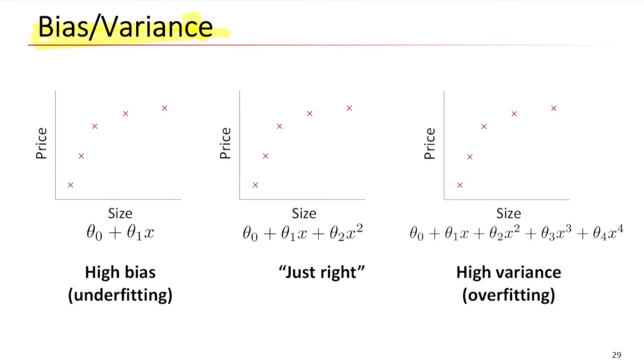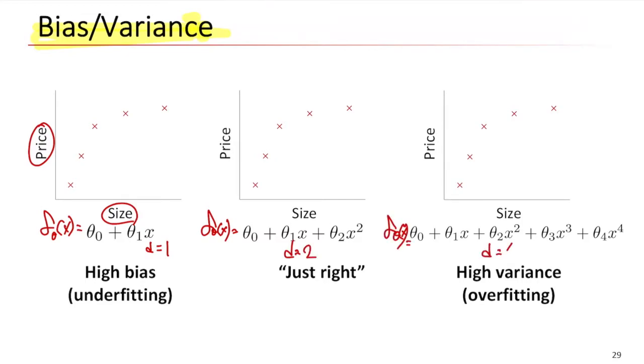We have five training samples, with the size of the house and the price of the house. Let's say there are three candidate mapping functions. The first one is when d is equal to 1, the second one is d equal to 2, and the third one is d equal to 4.